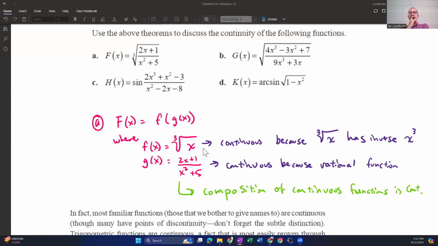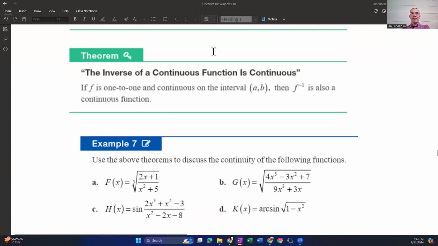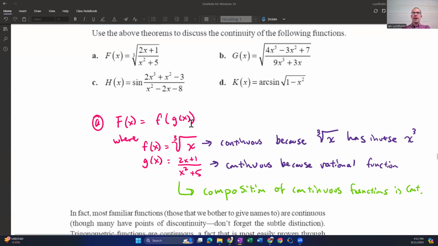Okay. So that's three of those theorems that were listed up here that we utilized.